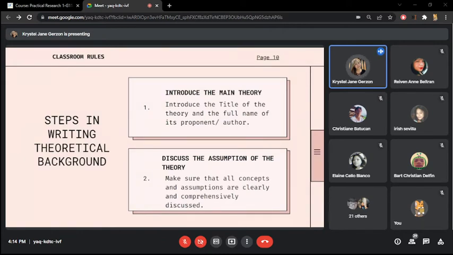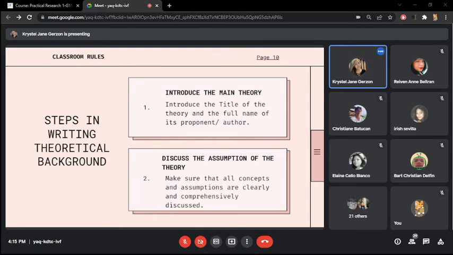Probably they exist now, but please do not expect that you will find one right away, because you really have to read all these theories. Of course, given that you are searching for correct keywords, it still involves a lot of reading before you can decide, okay, I can use this.